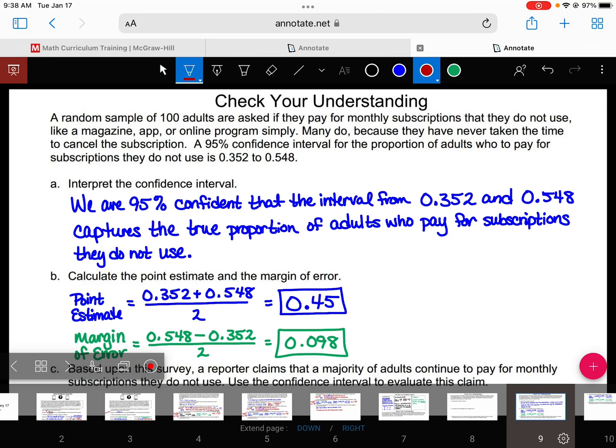Those are values that are contained in my confidence interval, but it can also be as low as 35%. Would anybody in here count 35% as a majority? No. So we do not have evidence because our interval contains numbers that are both above and below.